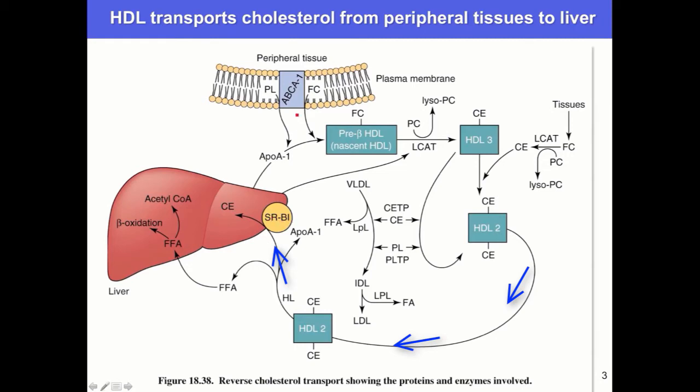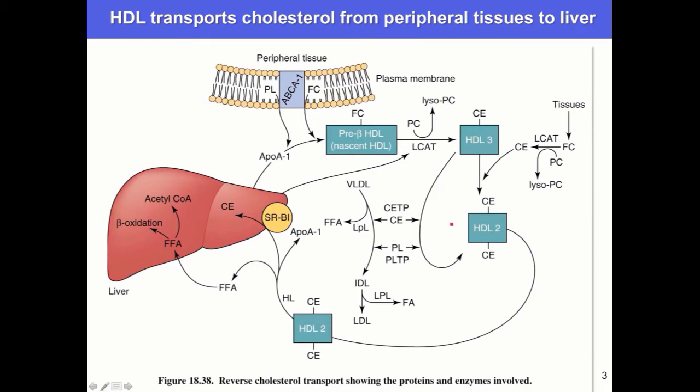So this process takes cholesterol from non-hepatic tissues, it transfers it to the liver in a process called reverse cholesterol transport. The liver has the ability to turn cholesterol into bile acids and carry out the net turnover of cholesterol. And so this process of net cholesterol transport, reverse cholesterol transport, takes cholesterol from non-hepatic tissues, takes it to the liver where it can be turned over.